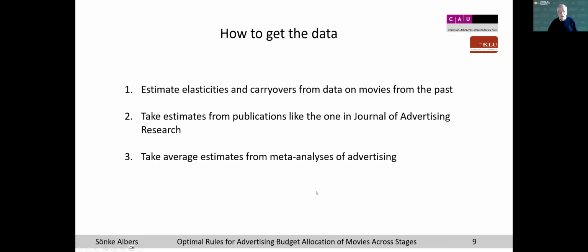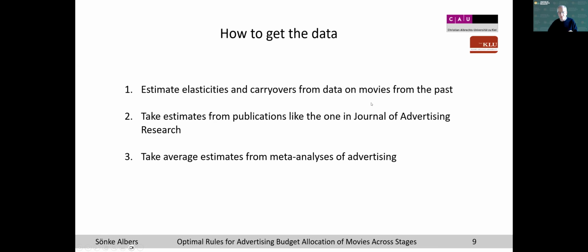And then the main question is, of course, how do you get the data? As I pointed out, you need elasticities and carryovers from one stage to the other. And the question is, if you are a manager and you want to do this calculation for the budget, have you been on the job for several years?